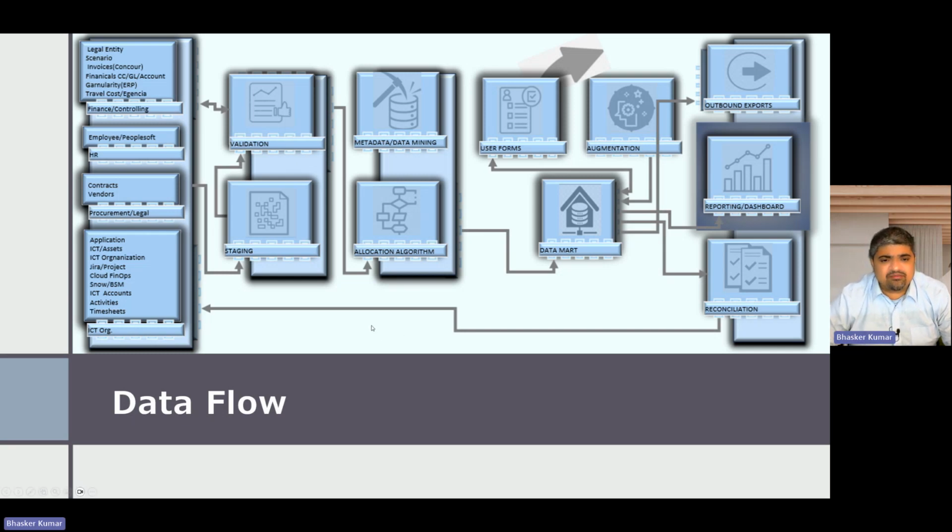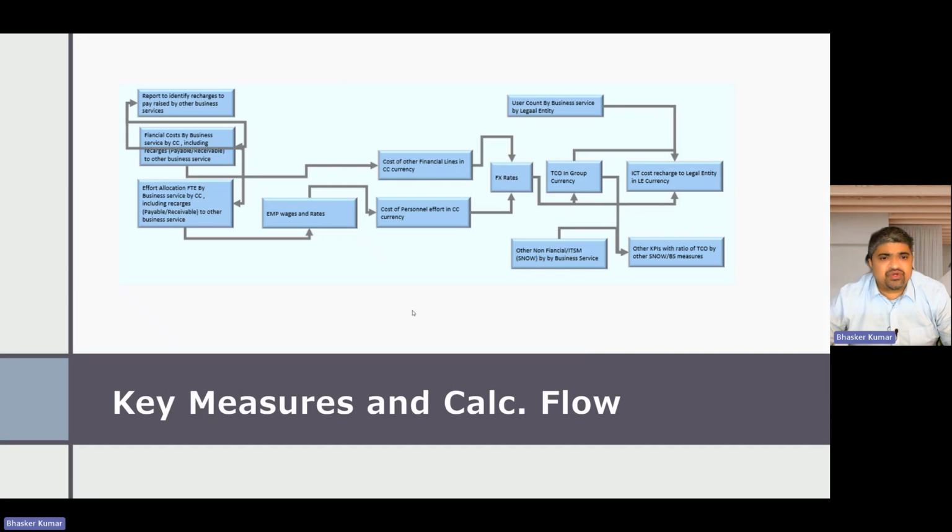One specific example can be how it's going to be. So financial cost is provided. After financial cost is provided, effort allocation is done. After effort allocation is done, then the wages and rates are entered.